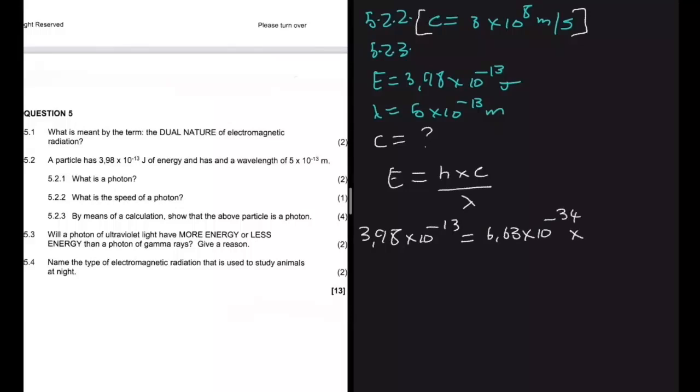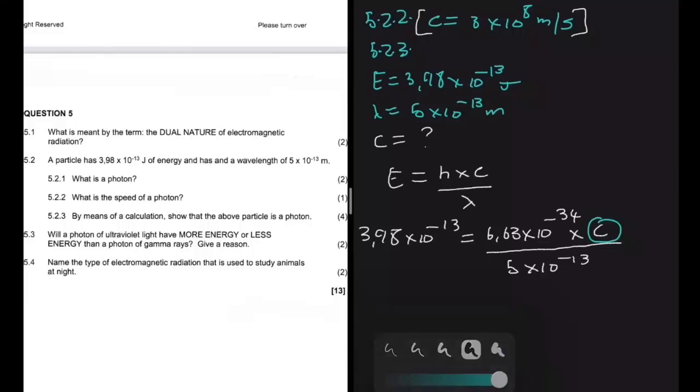And then multiply by c, speed of light, right? That's what we're looking for. We're trying to prove that it is equal to 3 times 10 to the power 8. If that is the case, then that particle is a photon, right? And then the wavelength, we have 5 times 10 to the minus 13, right? So now the physics is essentially done. We just have to solve for C, right?